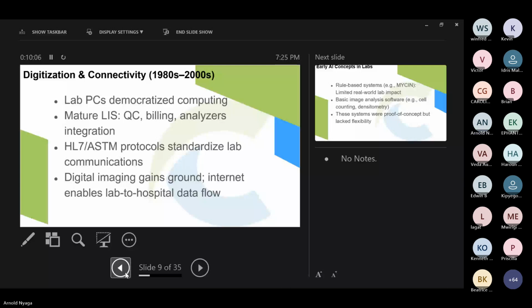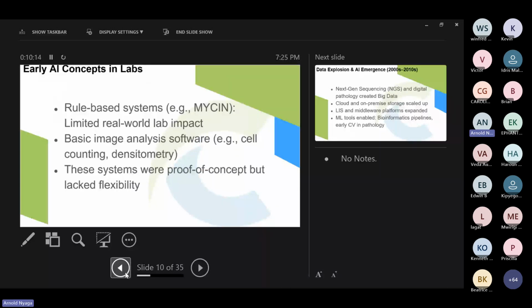LISs. So what was happening in this era of 1982? You could see rule-based systems, like most of the LIMS systems. Maybe you have a verification step: if I enter a slide, or if I enter a value, it will tell you to recheck that value and enter it again, so that you are putting in the correct values.